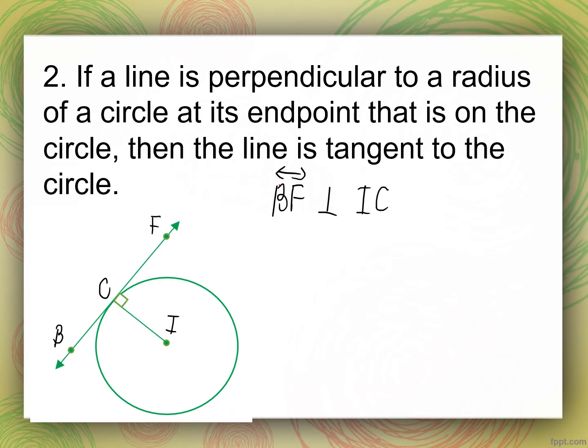And they intersect at the endpoint of the radius, which happens to be on the circle. When you have this one, your conclusion will be that the given line is a tangent line. Then BF is a tangent line. Okay, so just a reverse of the first one.